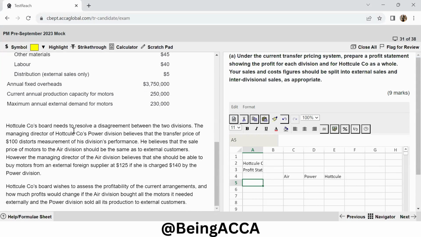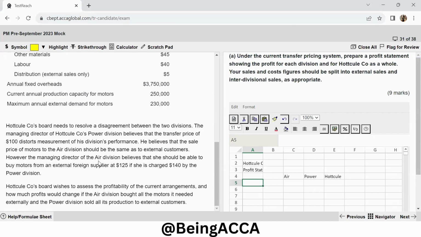Hottcule Company's board needs to resolve a disagreement between the 2 divisions. The managing director of Hottcule Company's power division believes that the transfer price of $100 distorts measurement of his division's performance. He believes that the sale price of motors to the air division should be the same as to external customers.